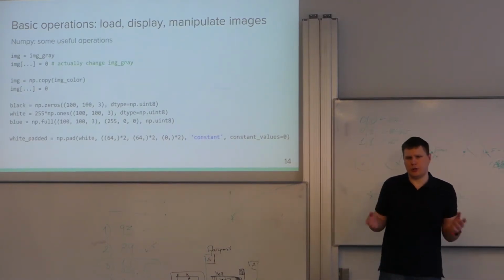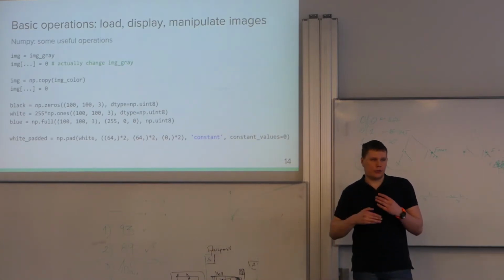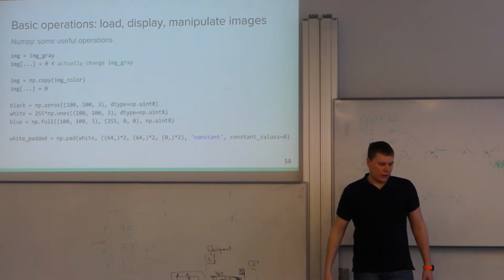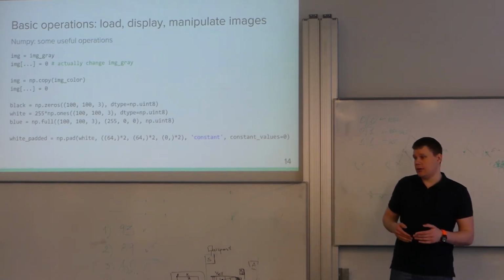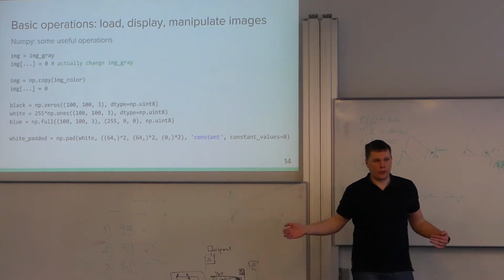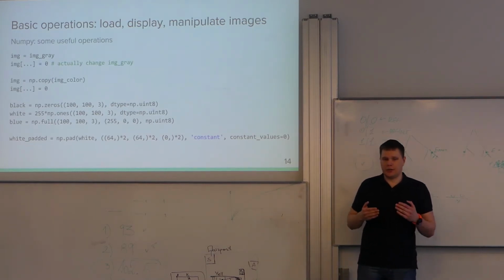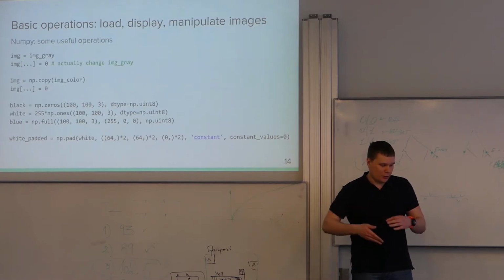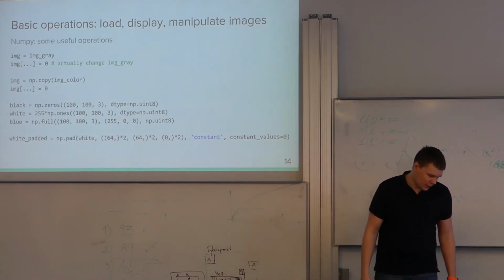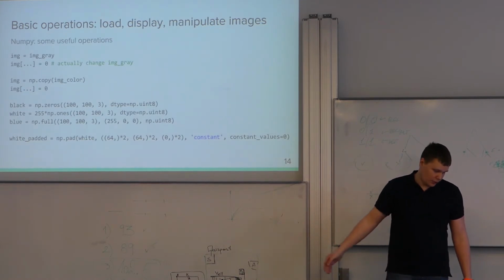I think you know this thing in Python: we interact with objects by references, not by values, and copying them also makes your code faster because you don't need to copy the whole memory, but it can also give you some trouble when you want to change your image without changing the original one. So to copy, there is an np.copy function.